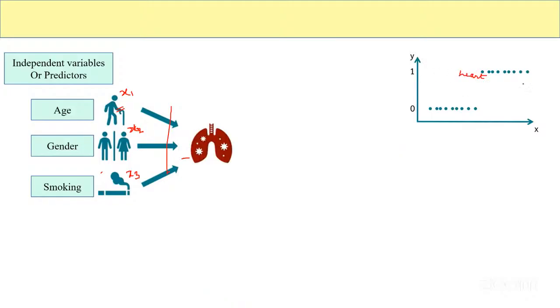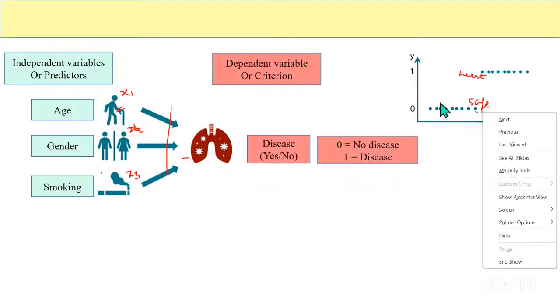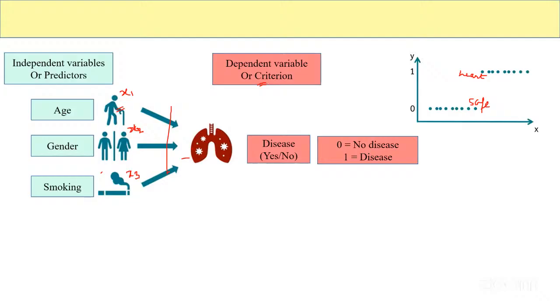If they are not impacting, I can say the person is safe and has no heart related issues. The dependent variable, or criterion, is whether this person's heart has any disease or no disease. If 0 means no disease, 1 means there is a disease. This is my classification. Logistic regression is usually useful for classification problems.